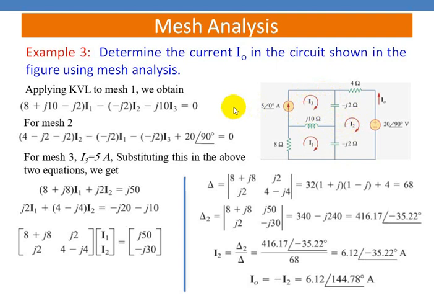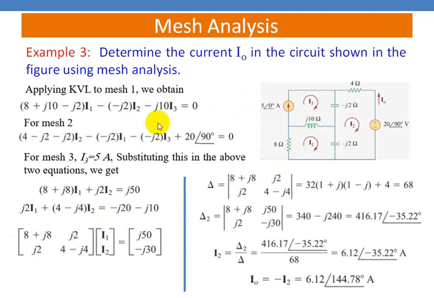Okay, now let us write the equations. You know how to directly write the equation in matrix form. For example, this element is going to be the coefficient of I1. So you have to sum up all the resistances and reactances in the first mesh, that is 8 plus J10 minus J2.